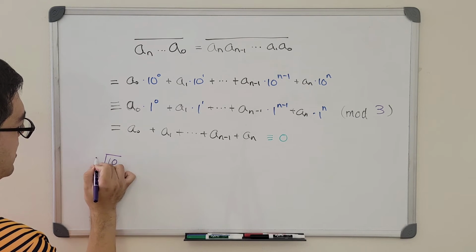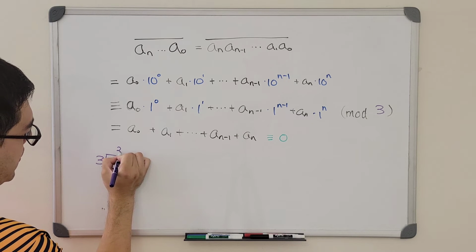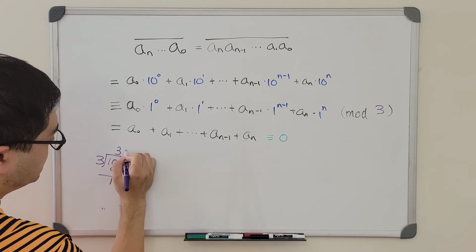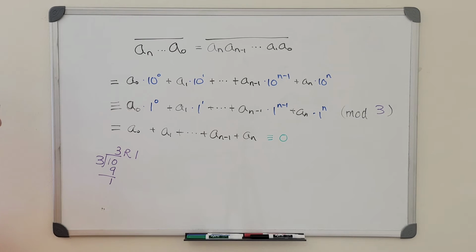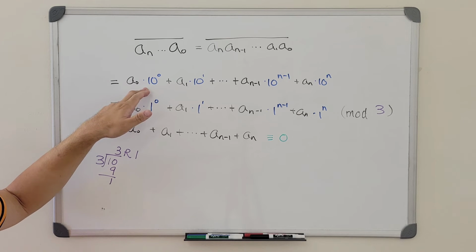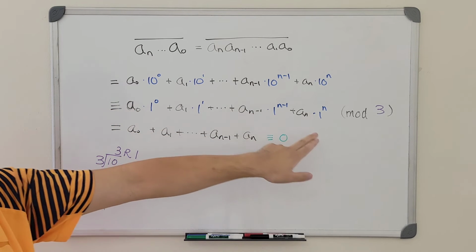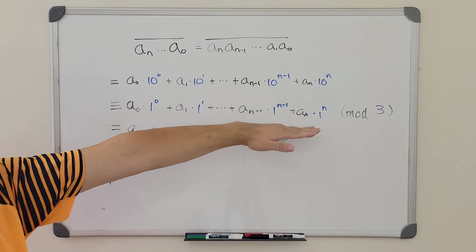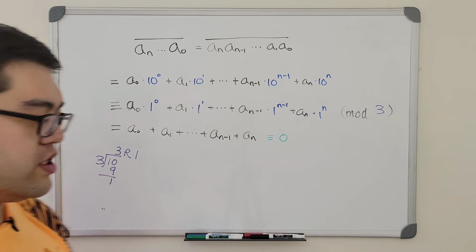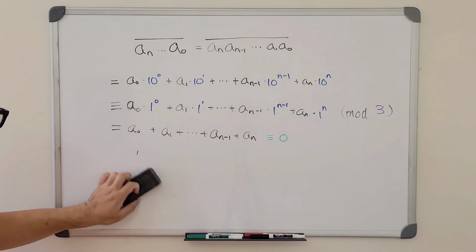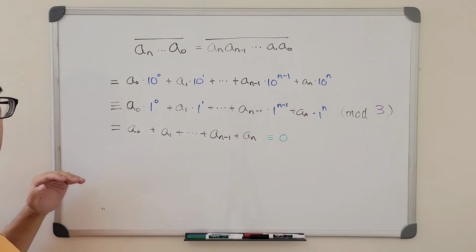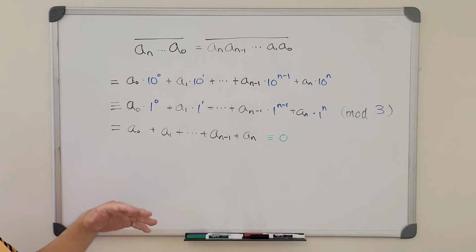So 10 divided by 3 is going to give us 3, but 3 times 3 is 9. So after the subtraction, we still have the remainder 1. Meaning we're going to change the base from 10 to 1 again. So everything is still the same, and we will end up with the same results. Therefore, the trick of adding all the digits will work for checking the divisibility of 3 and 9.